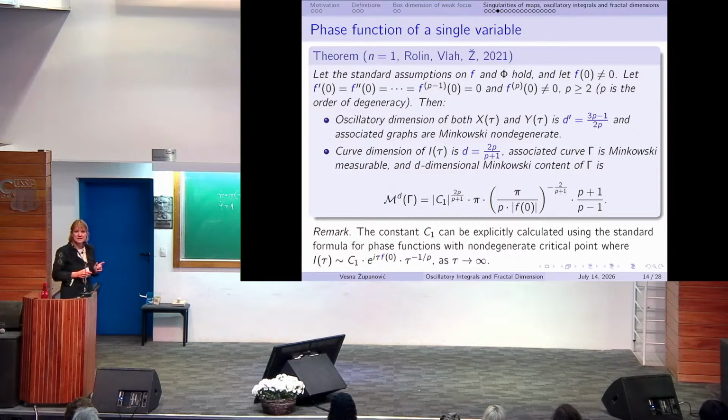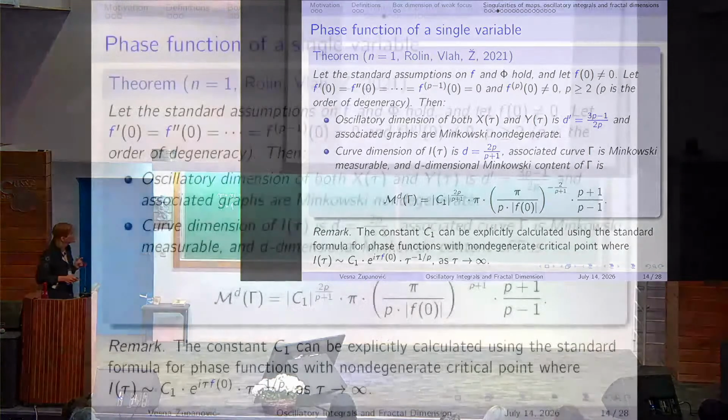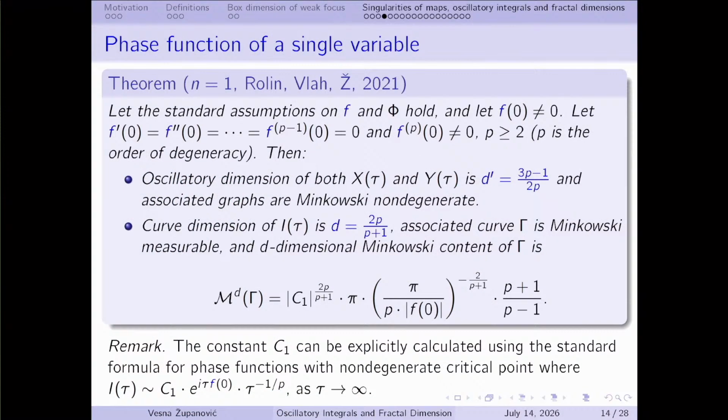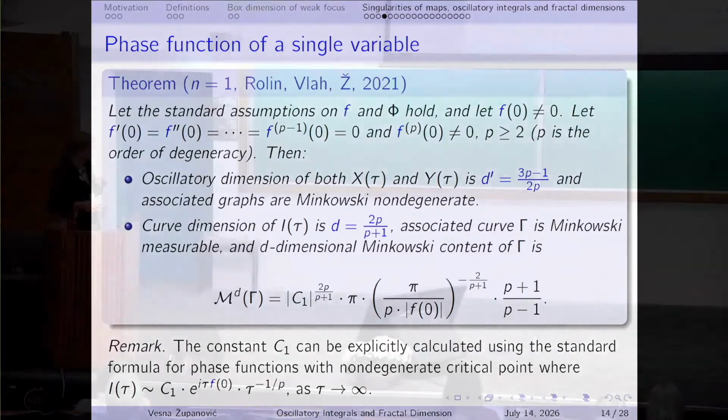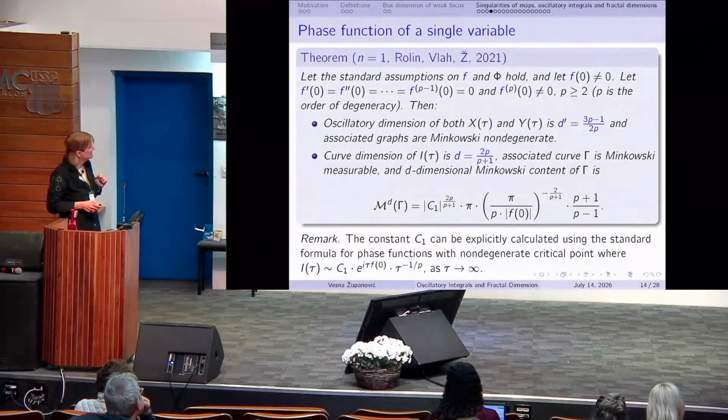We say that 0 of the phase function does not coincide with the singularity or critical point. Of course, we really relied on classical Varchenko results. We used the classical Arnold Varchenko book, and in that book you can obtain this formula. Another slide will have more details.